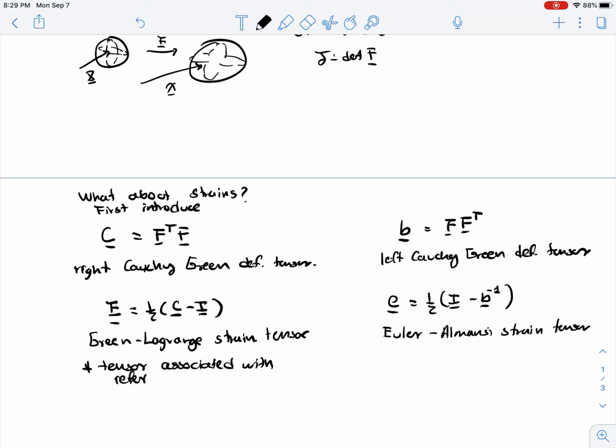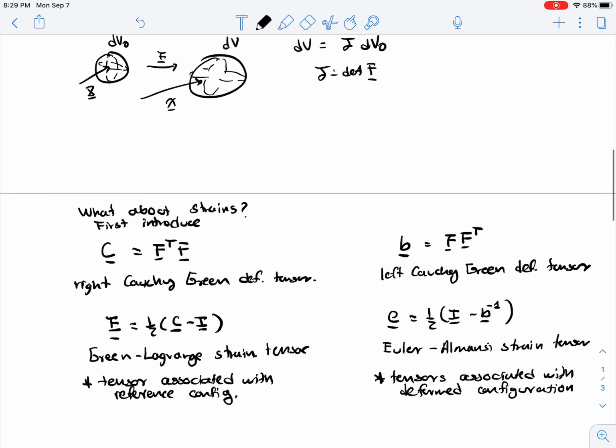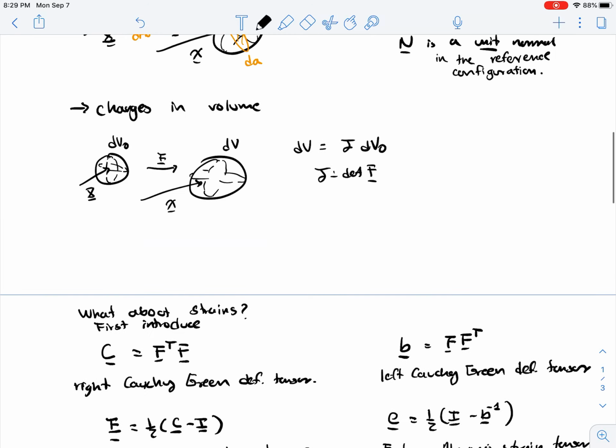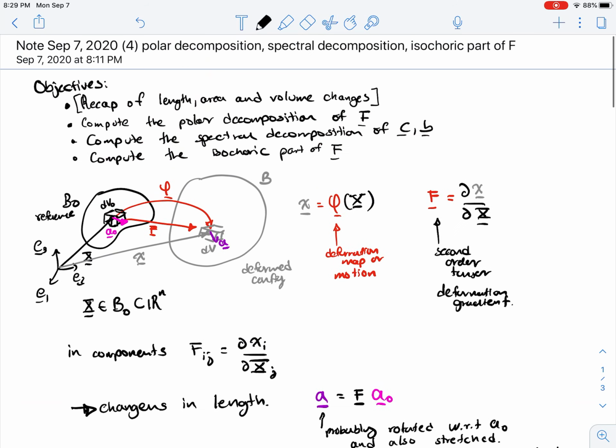So these are tensors associated with the reference configuration. And these are tensors associated with the deformed configuration. And again, that will become clearer later on.